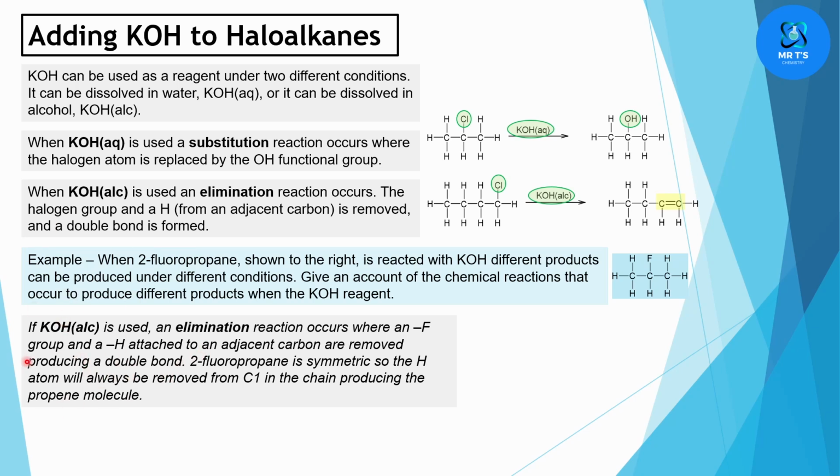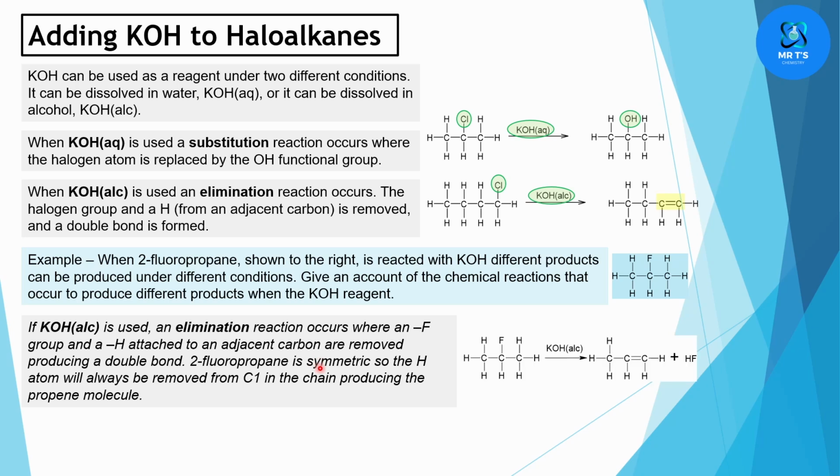If we have the alcohol, it's not going to produce the alcohol, so it's going to produce the alkene. It's going to be an elimination reaction. I'm going to give the details here. In this elimination reaction, the fluorine group and the hydrogen attached to an adjacent carbon are removed, producing a double bond. 2-fluoropropane is symmetric, so the hydrogen will always be removed from the first carbon, producing the propene molecule.